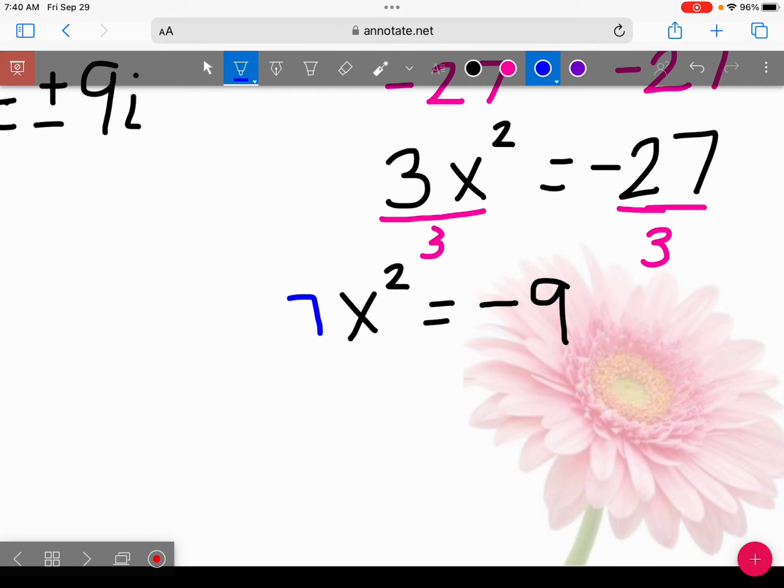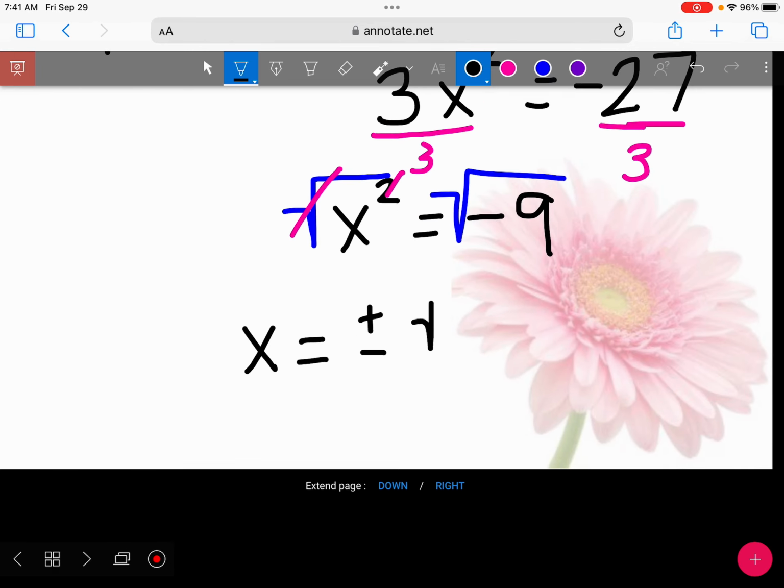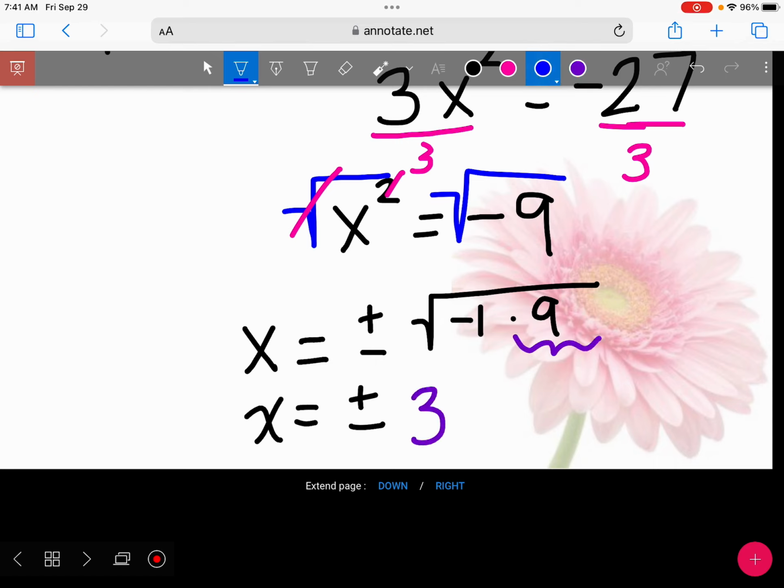Because when I come through and square root both sides, my square root and my square cancel out. x equals plus or minus square root of negative 1 times 9, which means that x is plus or minus square root of 9 is 3. Square root of negative 1 is i.